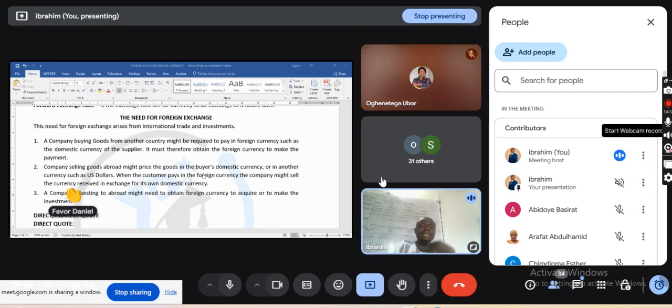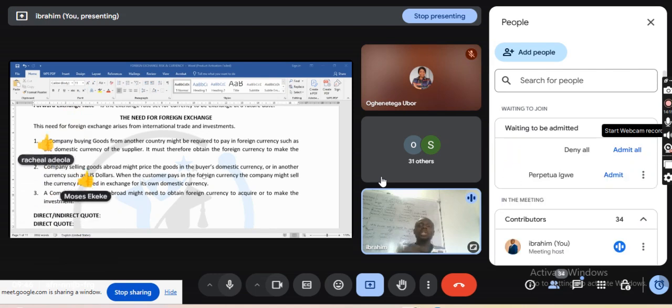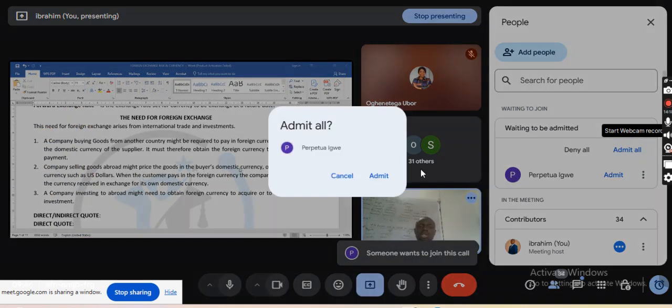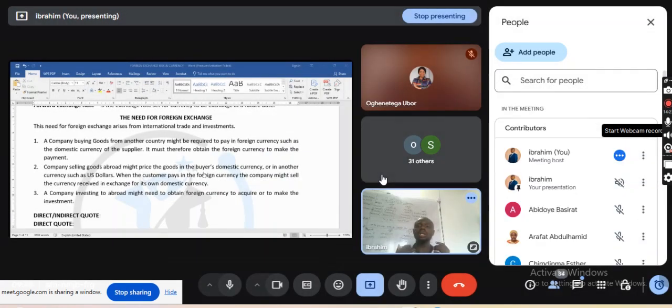Now, that is the need for foreign exchange, because you need to buy goods. The company selling goods abroad might price the goods in the buyer's domestic currency or in another currency, such as the US dollar.